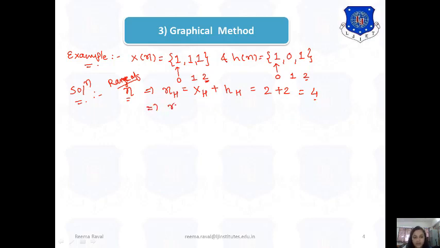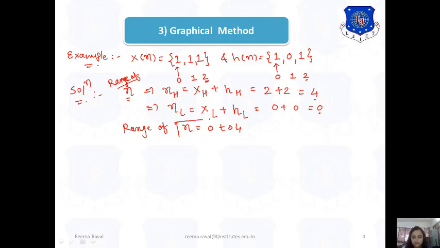Now let us define the lower range, for which we need to see the lower range for x of n and the lower range for h of n. For x of n the lower range is 0 and for h of n it is also 0. So we can say that the range of n equals 0 to 4.